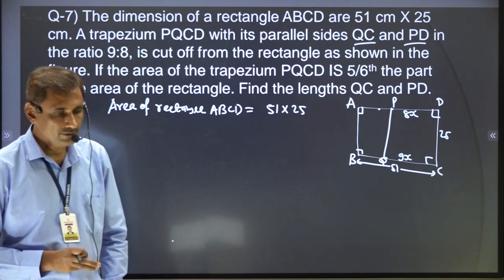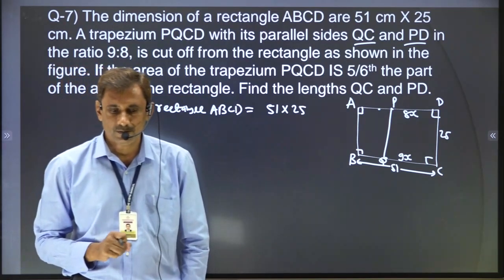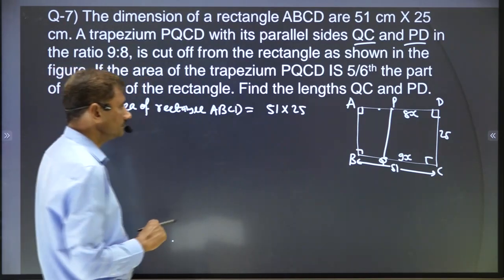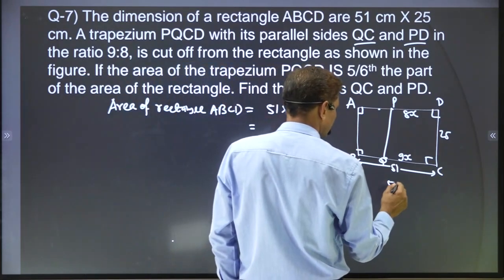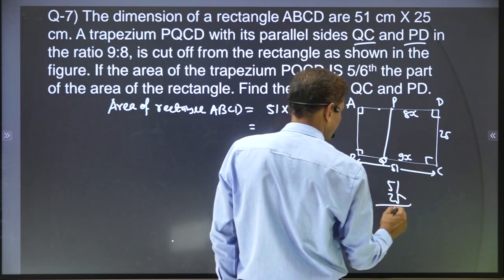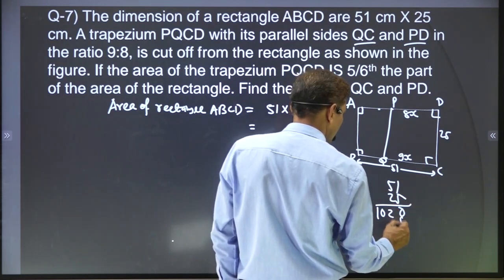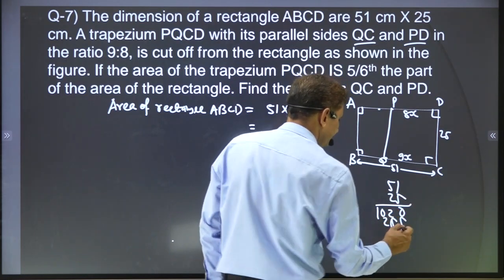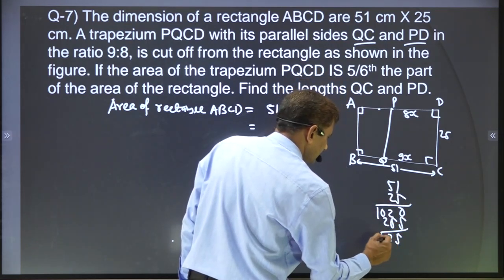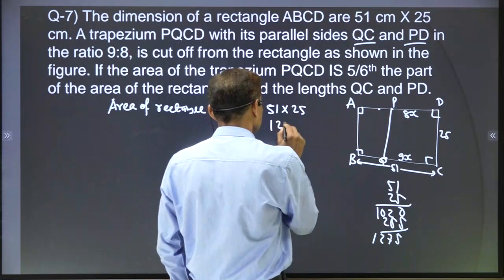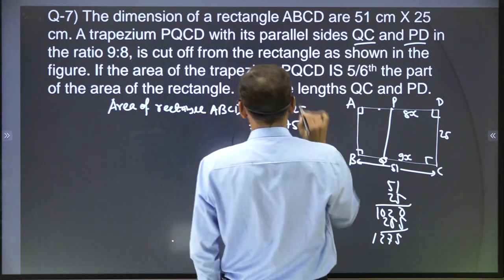Let us find how much. 51 times 25: 5 fives are 25, so 5, 7, 2, 1. It will be 1275 centimeter square.